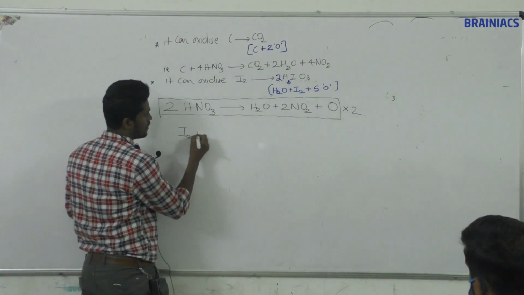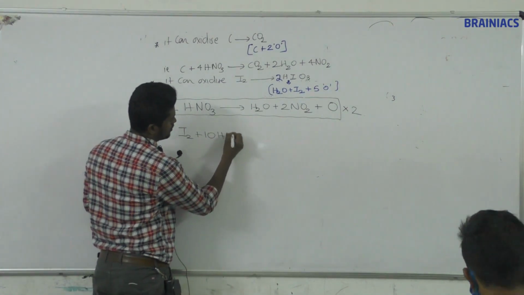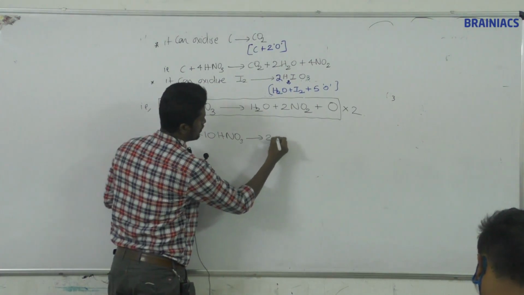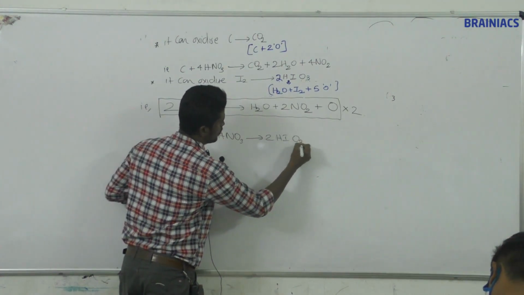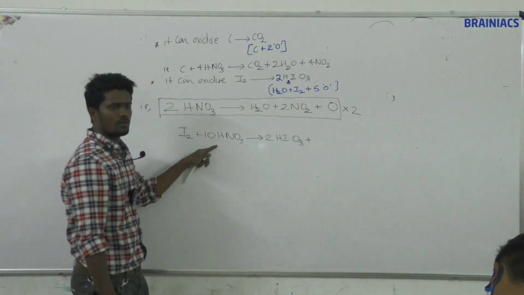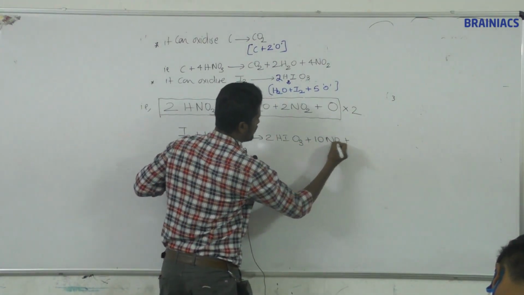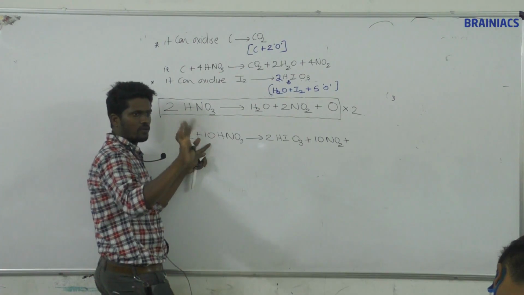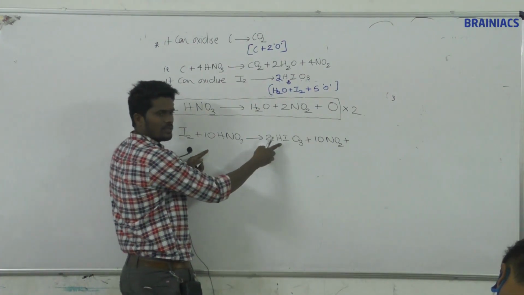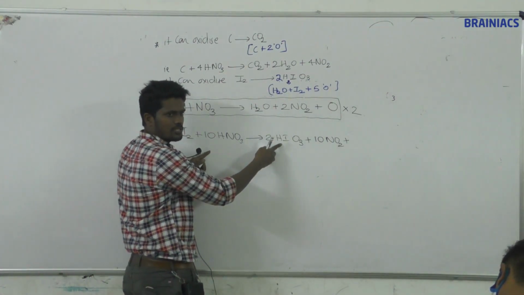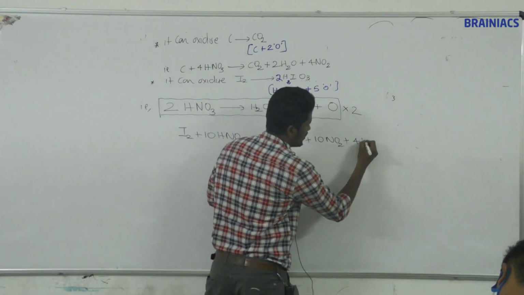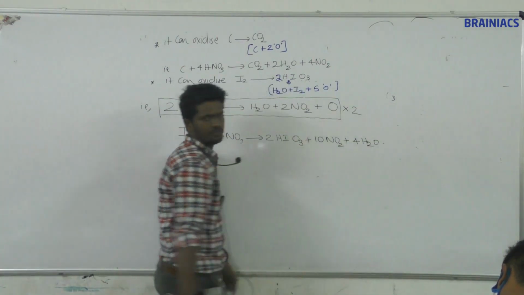I2 plus 10 HNO3 gives what? 2 HIO3 plus how many NO2? 10. Water? 1 H2O is present in 2 HIO3, so remaining here 4 H2O.